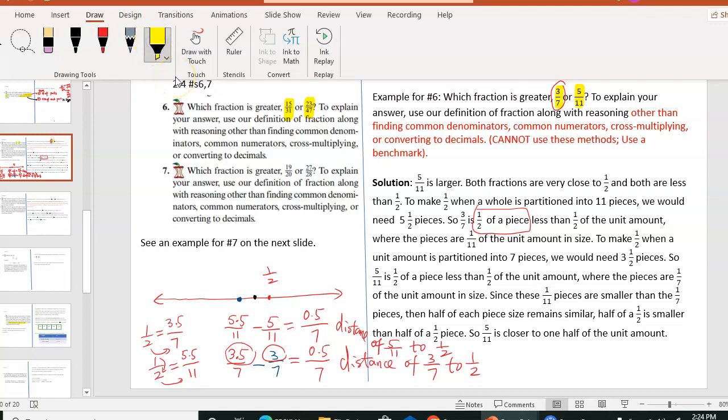Let's look at these two. Now notice they both have, oh, I'm sorry, I made a mistake here. It's not 7. It should be 11. This 11 doesn't change. The size doesn't change, so the bottom should be 11. So when you look at them, they both have the same numerator, which means they both have a half piece. It's like if the principal bought 1 pizza and gave my class half a pizza, 0.5, and gave your class half of the pizza, which is 0.5.